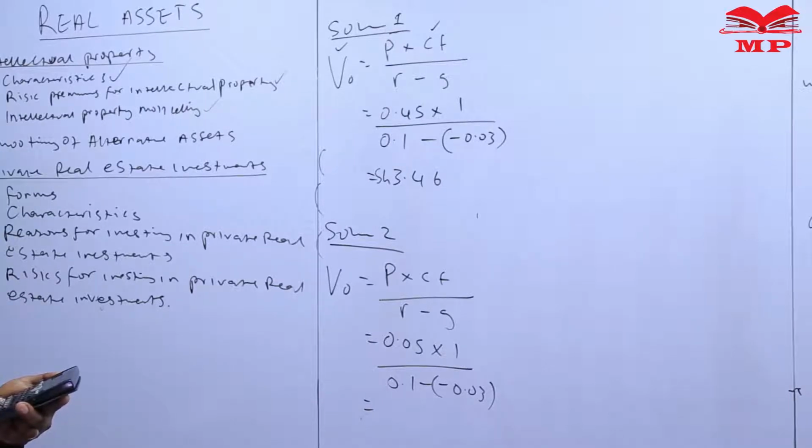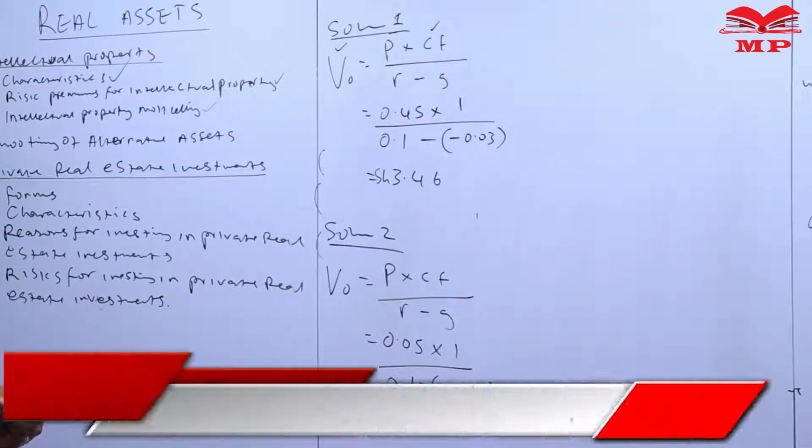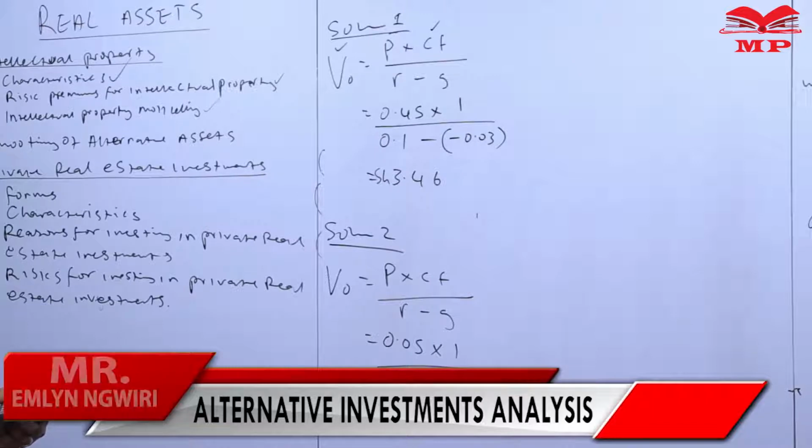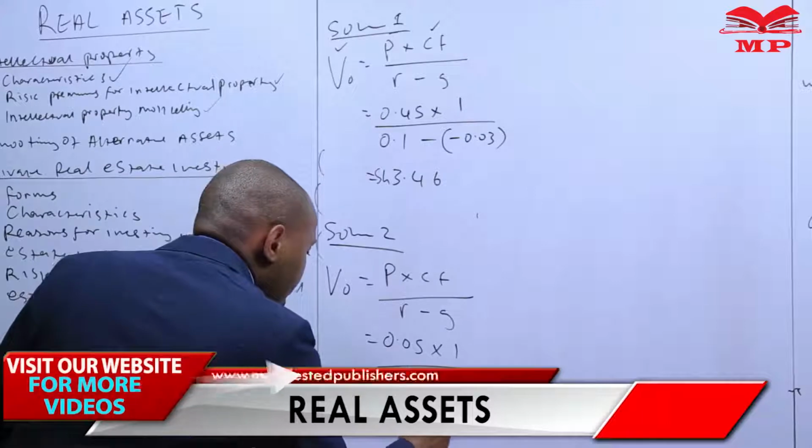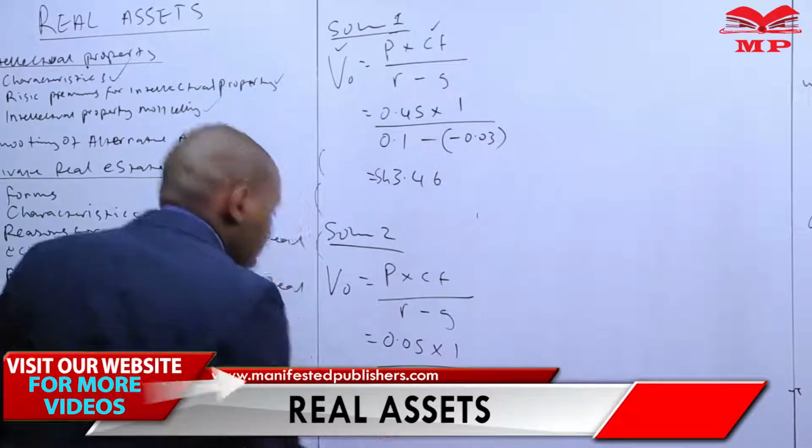0.05 multiplied by 1 divided by the bracket 0.1 plus 0.03 bracket gives 0.385 shillings.